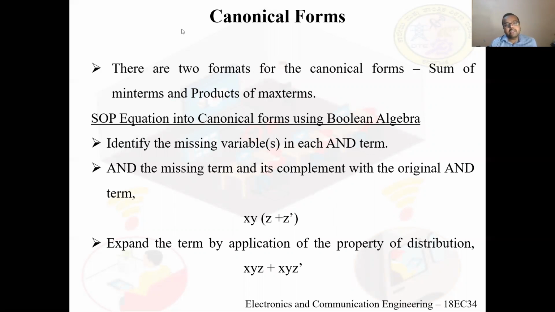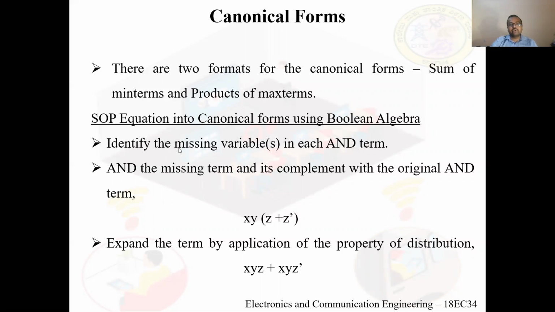Next, we'll see how to convert the given expression or formats into proper canonical form. What are the two proper canonical forms? Sum of min terms and product of max terms. First, we'll see how to convert the sum of products equation into canonical form using Boolean algebra.